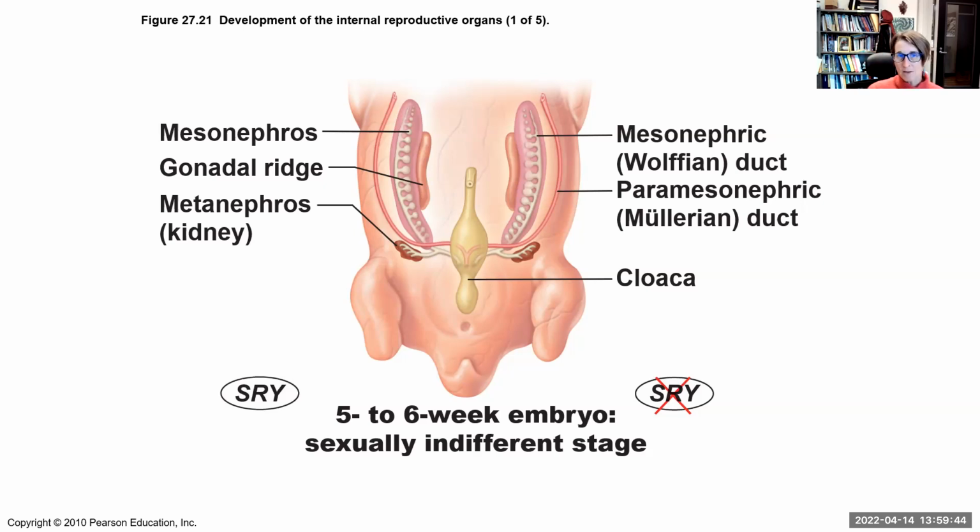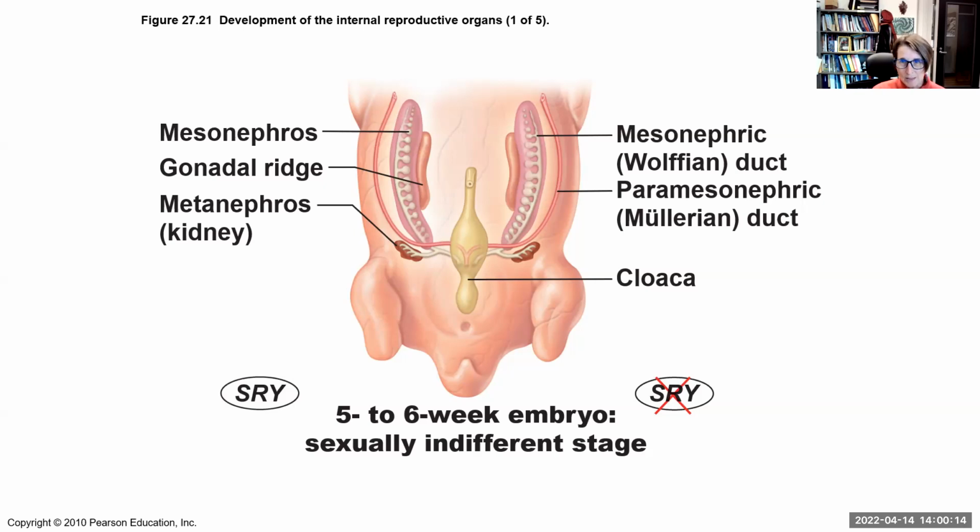So if you are female and you don't have the SRY gene, it can't get expressed. However, if you are male and you have the Y chromosome and that SRY gene gets expressed, that is going to lead to the development of maleness. In other words, the default development for humans is to be female unless that SRY gene is there and gets expressed, then maleness will develop.